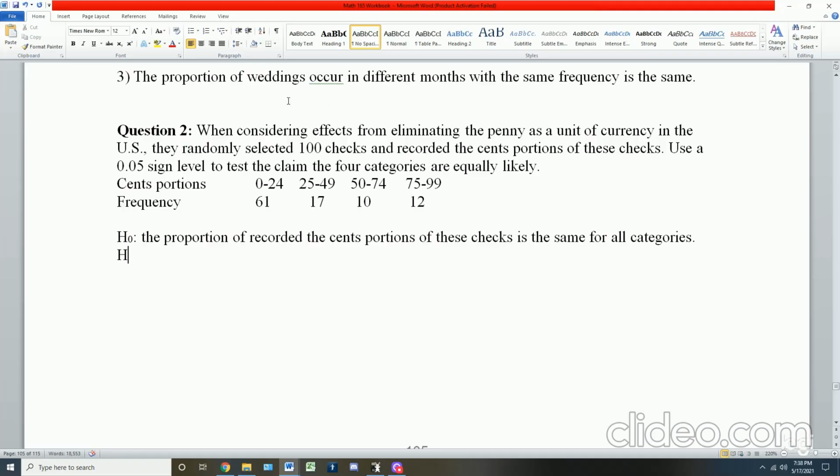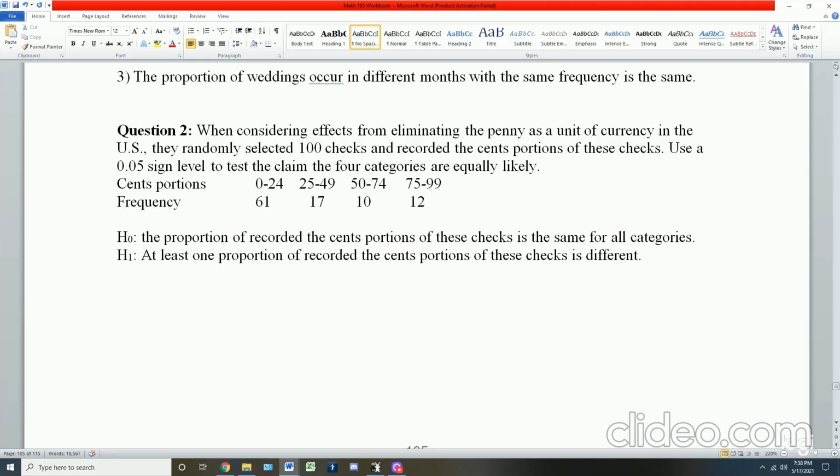Alternative hypothesis is at least 1 is different. Right, so very similar. But once we have one, you automatically have the other. All right, that's step 1.